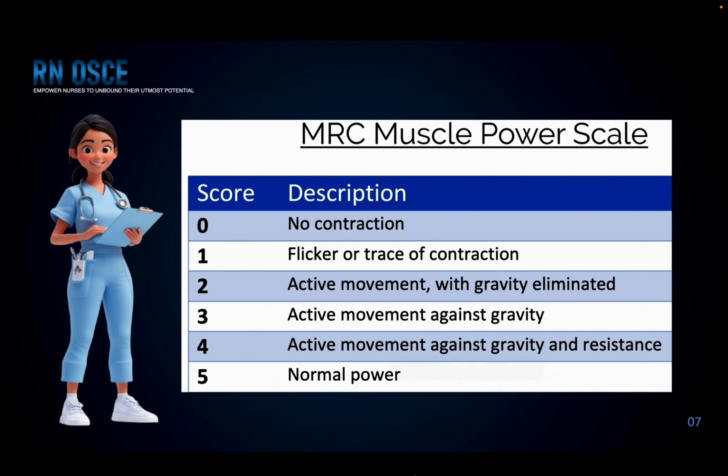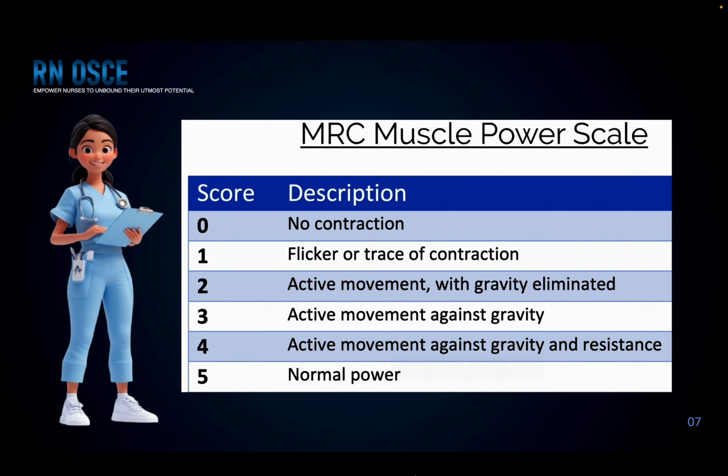It helps to identify if there is any weakness, paralysis, or any change in muscle function. This grading is done on a scale from 0 to 5, with 5 being normal strength and 0 meaning no muscle movement at all. This test is usually done for both arms and legs as well.